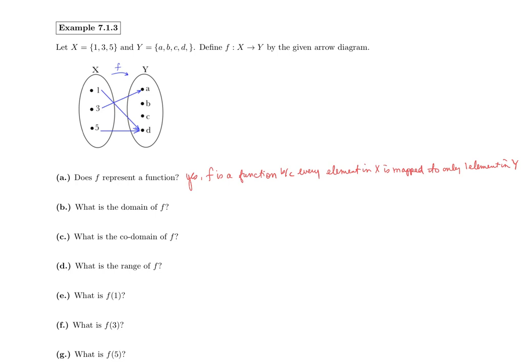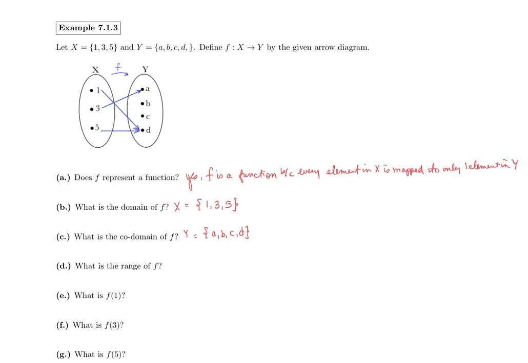What would be the domain of our function here? Well, that would be the set of elements in set X, which is the set 1, 3, 5. The codomain then would be our set Y, which is A, B, C, and D, as I said.